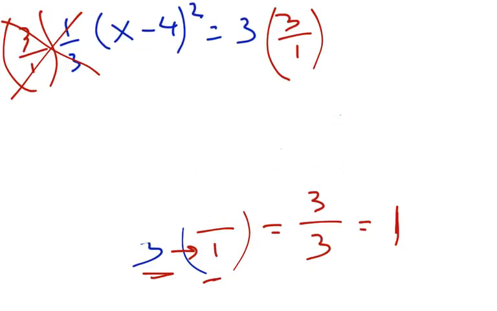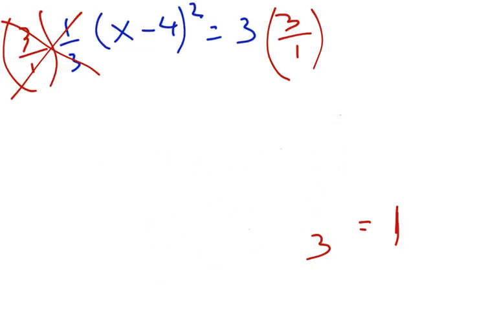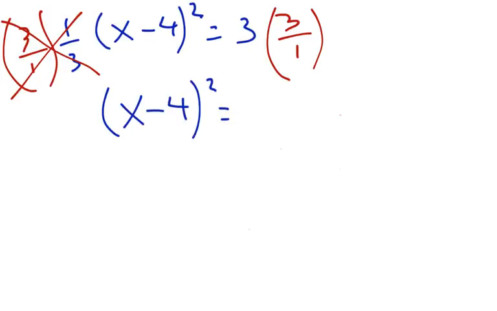Let's continue. Now I know that those two fractions are going to cancel out, and I'm going to have my parentheses to the second power. On the other side, 3 times 3 is 9/1, which is the same value. Parentheses by itself now. Next step, square root on both sides.